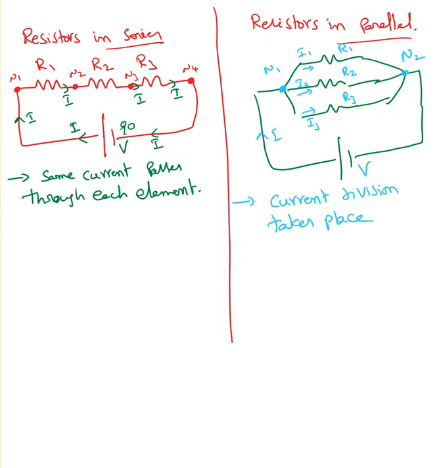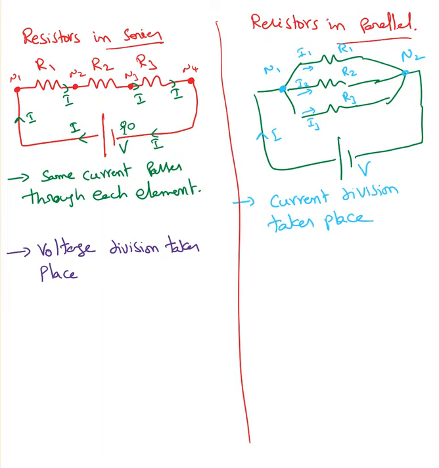Now the next important point is, if the resistors are in series, voltage division takes place. So here I have supply voltage V, the voltage drop V1 across R1, here V2, and from N3 to N4, that's V3.